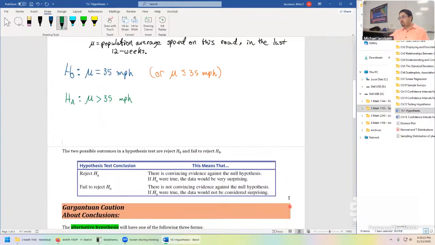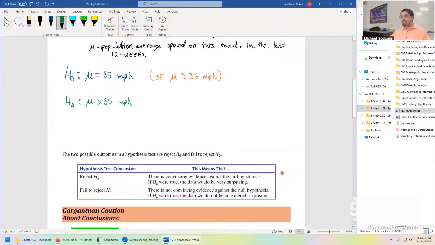But then the gargantuan caution about conclusions is just another reminder, even when we fail to reject H naught, we can never conclude H naught is true.